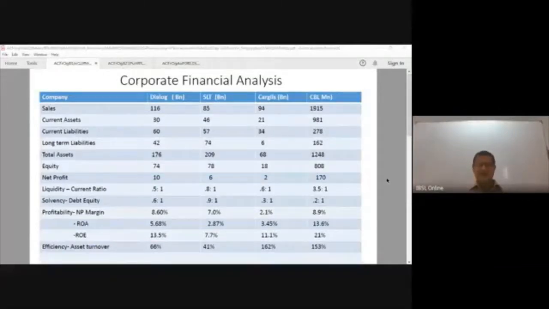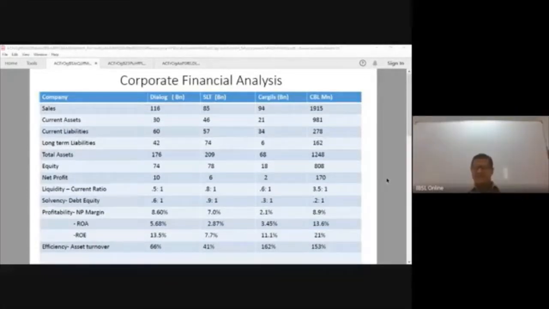To do that, to calculate various ratios, I picked up some figures. I went to their websites, went to their annual reports, and based on the 2019 annual reports, I picked up these figures. Dialog, SLT, and Cargill's are large companies, so I have stated those figures in billions for easy calculation.